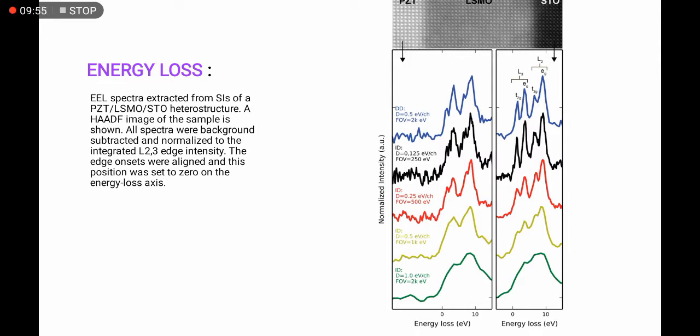All spectra were background subtracted and normalized to the integrated L edge intensity, the edge onsets were aligned and this position was set to 0 on the energy loss axis. From the SI acquired with the DD sensor, the spectrum extracted from the STO layer clearly shows four distinct peaks, which you can see in blue, black, red, yellow and green.